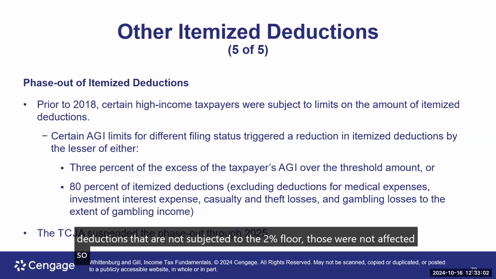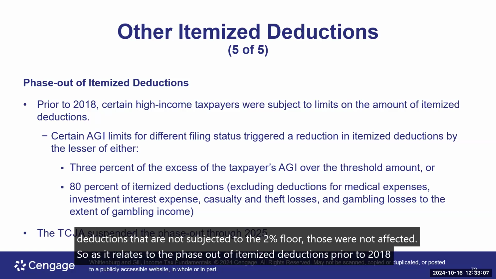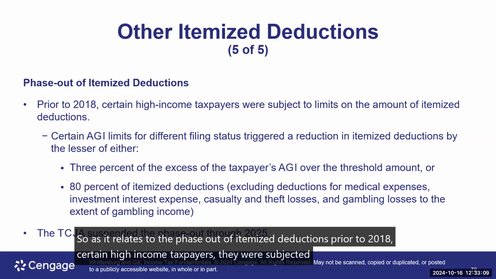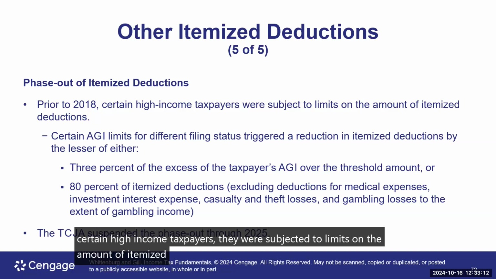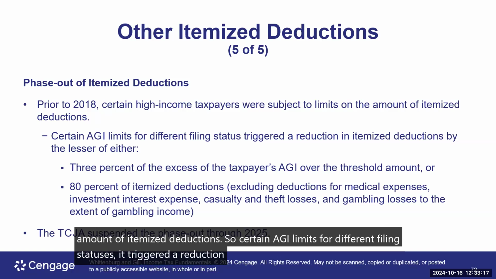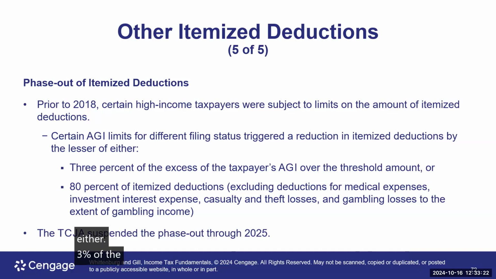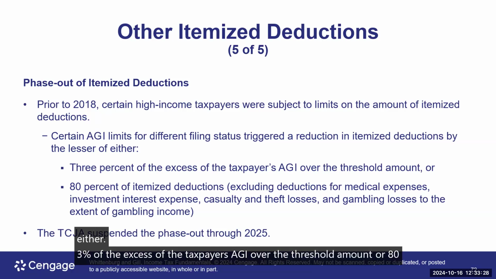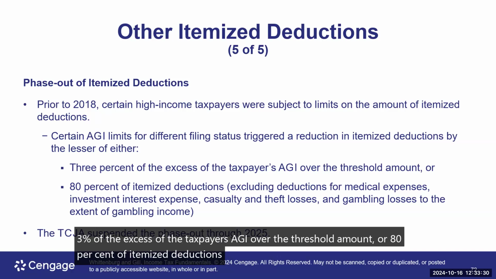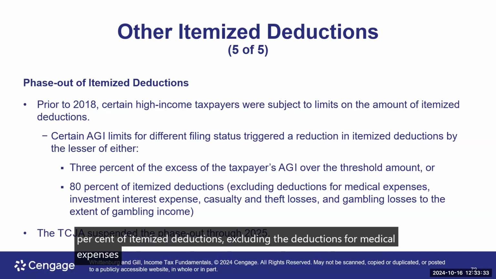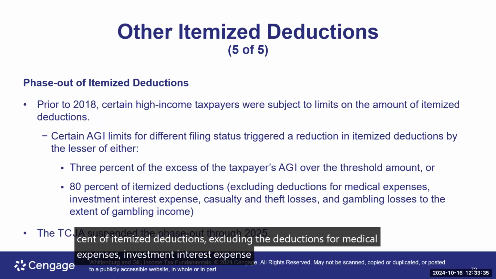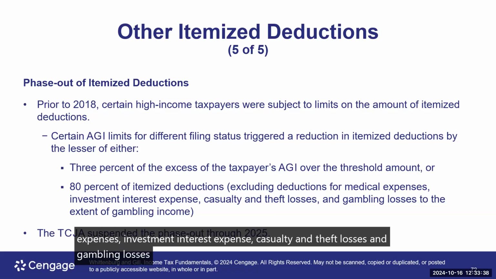As it relates to the phase out of itemized deductions, prior to 2018, certain high income taxpayers were subject to limits on the amount of itemized deductions. Certain AGI limits for different filing statuses triggered a reduction in itemized deductions by the lesser of either 3% of the excess of the taxpayer's AGI over the threshold amount, or 80% of itemized deductions, excluding deductions for medical expenses, investment interest expense, casualty and theft losses, and gambling losses to the extent of the gambling income.